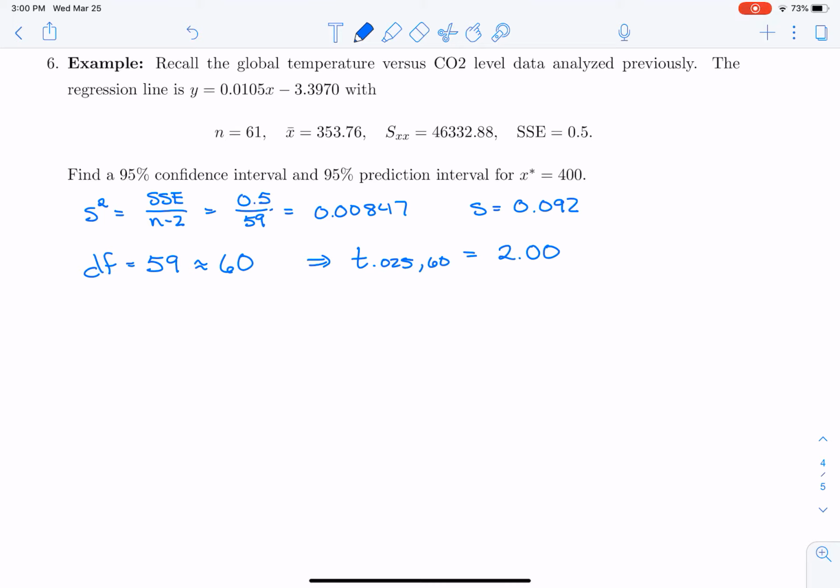From this, I want to construct the 95% confidence interval.